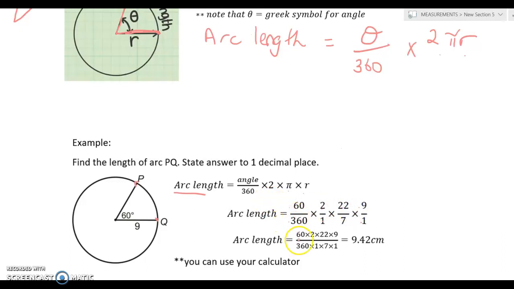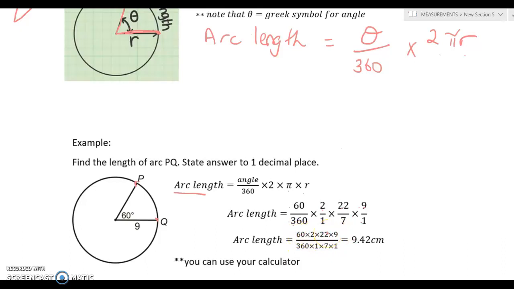And you could simplify, like cross out things and so on. I was just showing you could use a calculator and multiply all the numbers at the top: 60 times 2 times 22 times 9, then divide by 360 and then divide by 7 again. Or you could just work out the top.